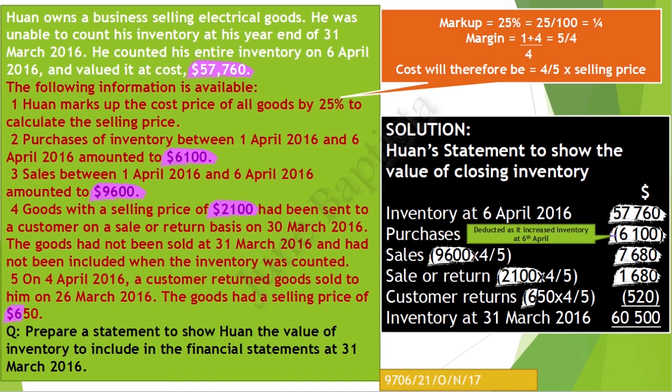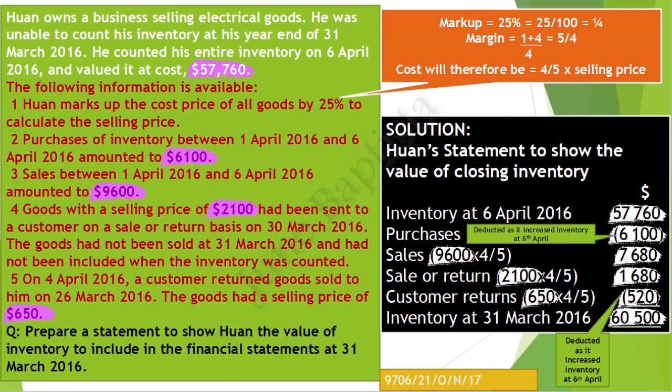Customer returns $650 at selling price times 4/5 to give us $520 at cost price, which will be deducted. Therefore, the inventory at 31st March 2016 at cost price was $60,500.